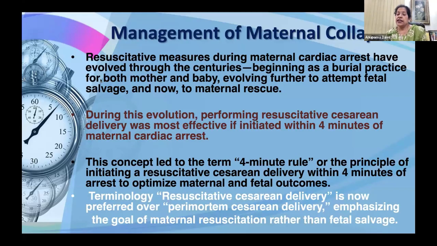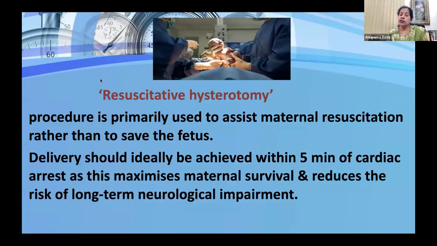The terminology resuscitative cesarean delivery is now preferred over perimortem cesarean delivery, emphasizing the goal of maternal resuscitation rather than fetal salvage. So this procedure is primarily used to assist maternal resuscitation rather than save the fetus. Delivery should ideally be achieved within the 5th minute of cardiac arrest because it then would maximize maternal survival and reduce the risk of long-term neurological impairment to the mother.